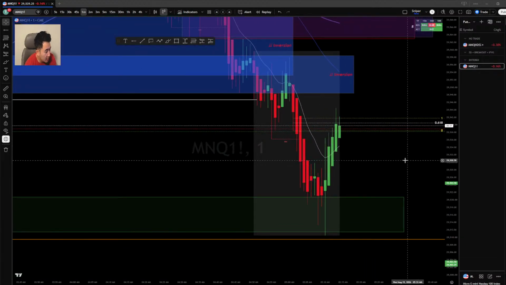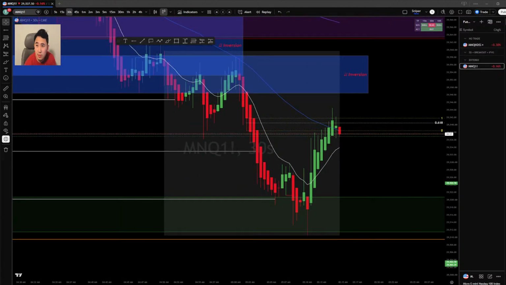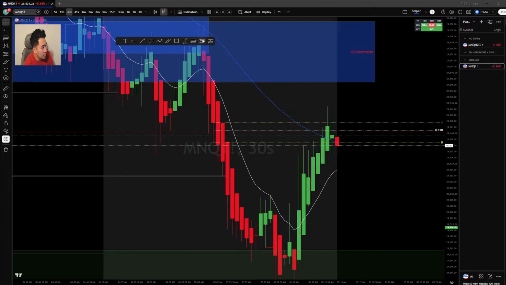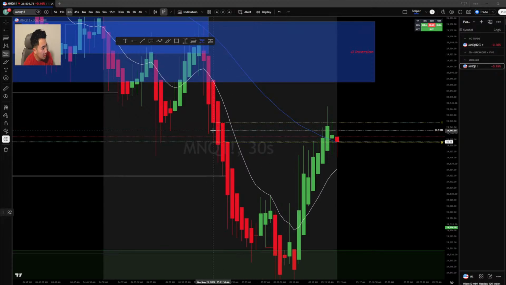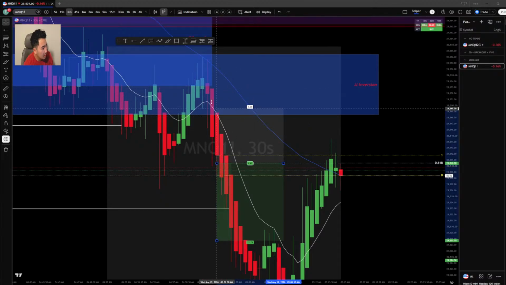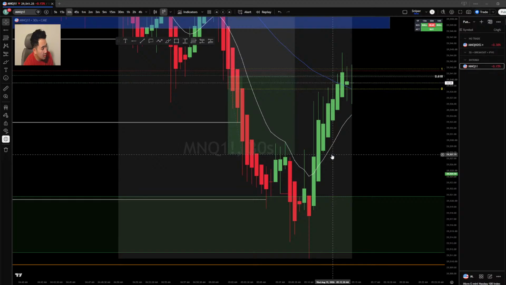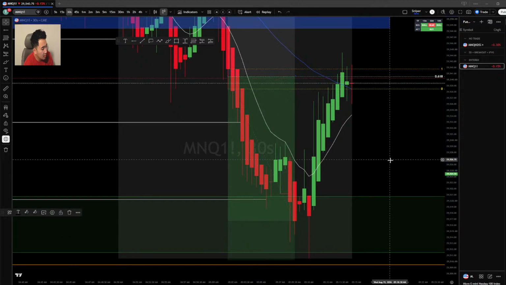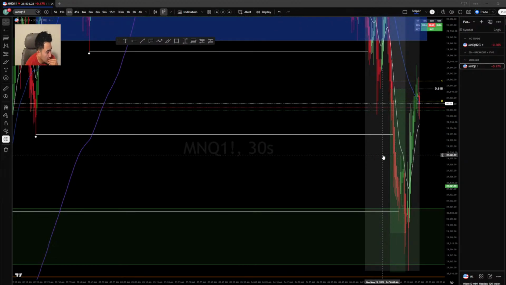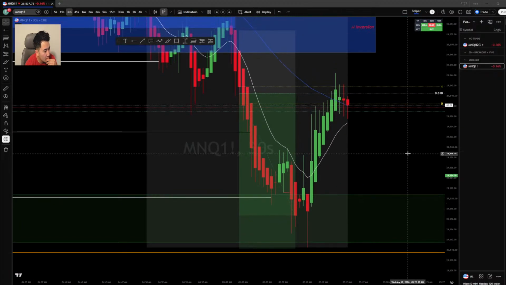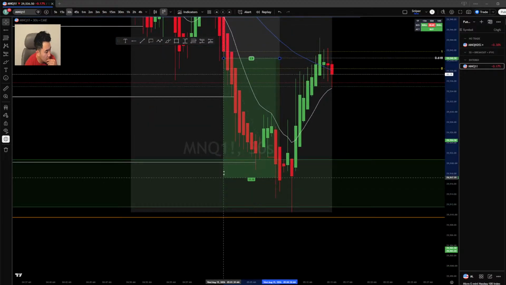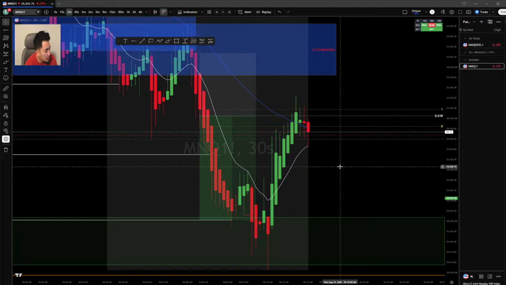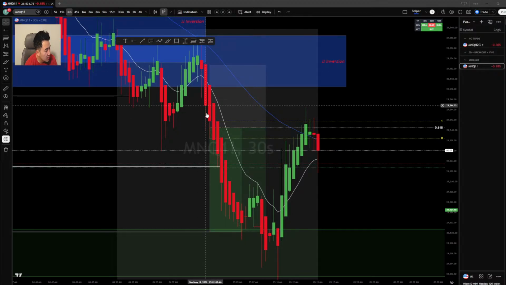There was this pullback right here. I think the reason why we didn't get in was, so right here when it broke, it pulled back into this area right here. Yeah, the movements happened pretty quick.